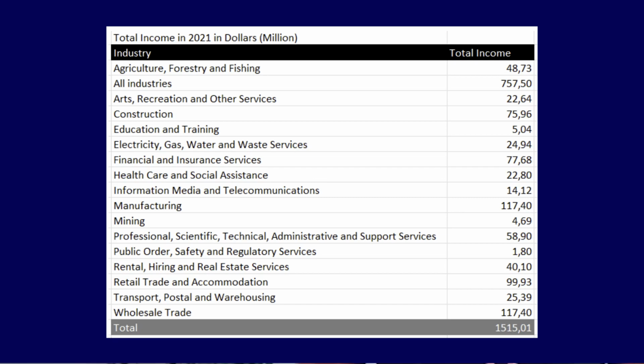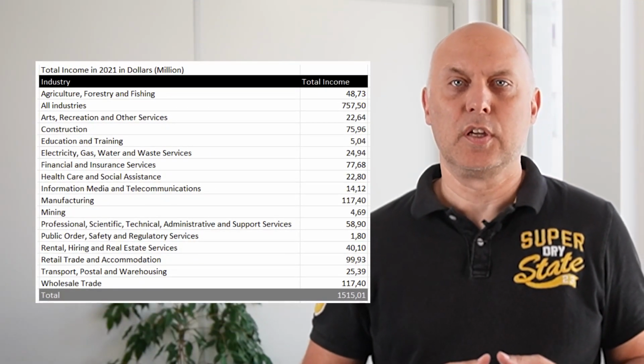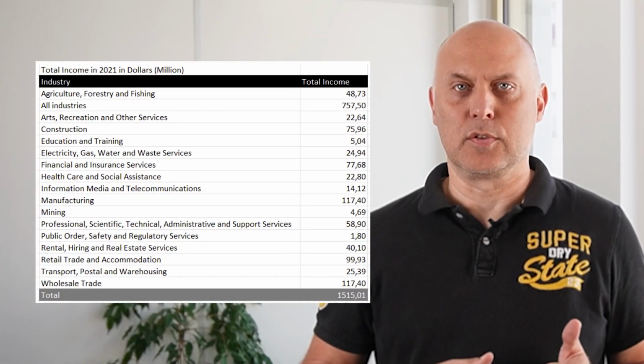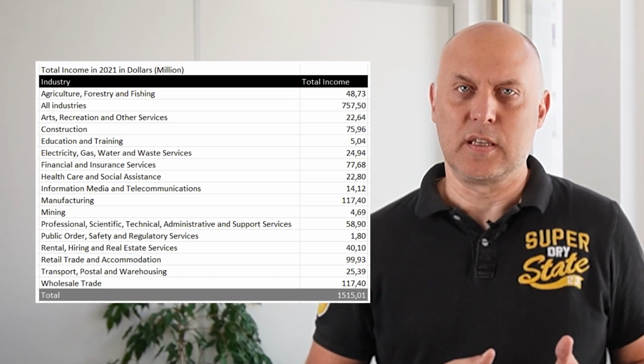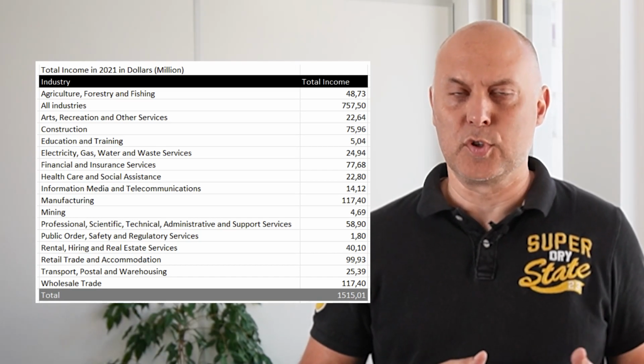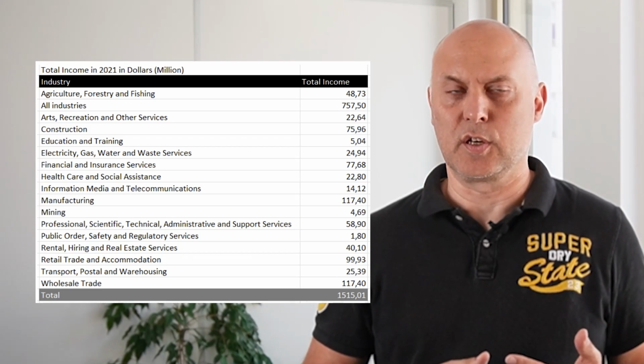The answer for this table is that we have the dimension that is called industry, and maybe years, as we can see 2021 in the title. And in terms of measure, we can see the total income.